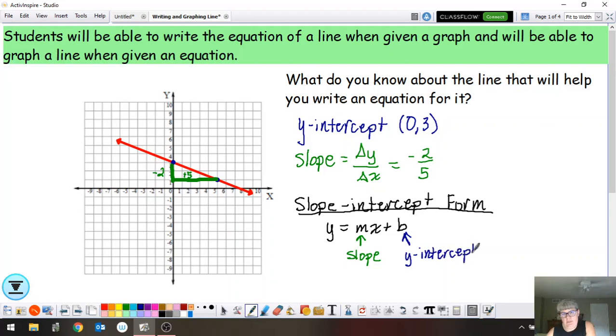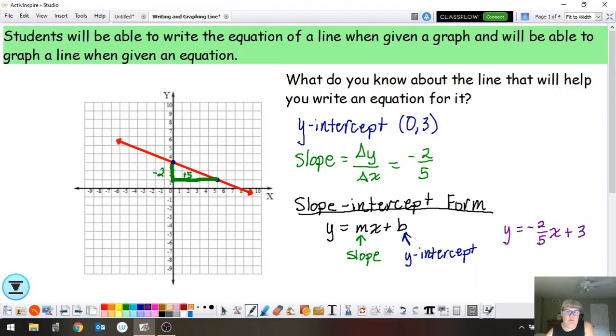So if we take this information that we have found about this line that was graphed and use the slope-intercept form, we can write an equation of this line that will look like this. Y equals, the slope is -2/5 x plus 3.